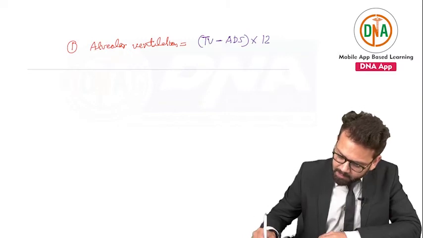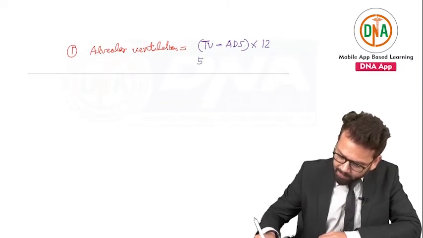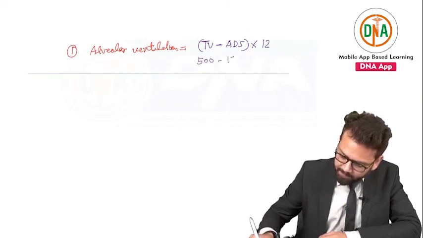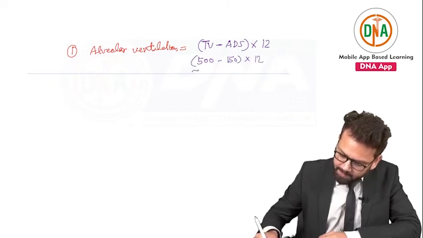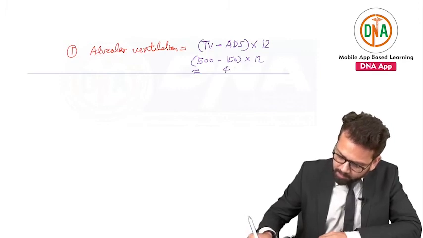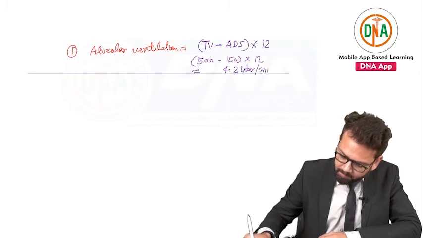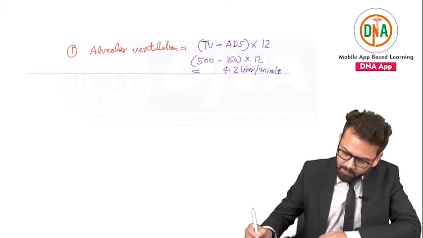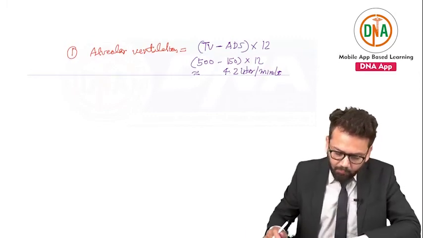It is approximately 12, so it will be 500 minus 150 into 12. Approximately how much is it? 4.2 liter per minute. This is called alveolar ventilation.